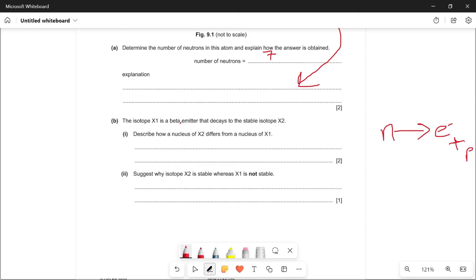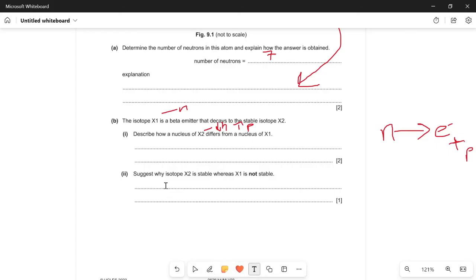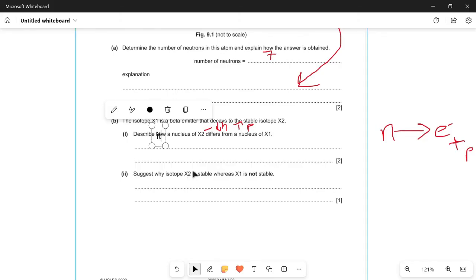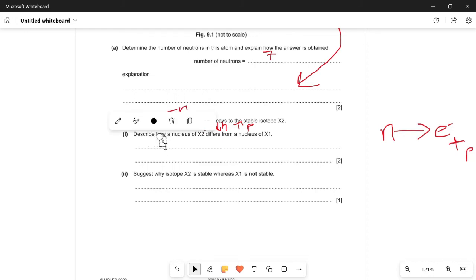So during a beta emission, the isotope X1 would lose a neutron, so X2 will have one less neutron, but it would have one more proton.